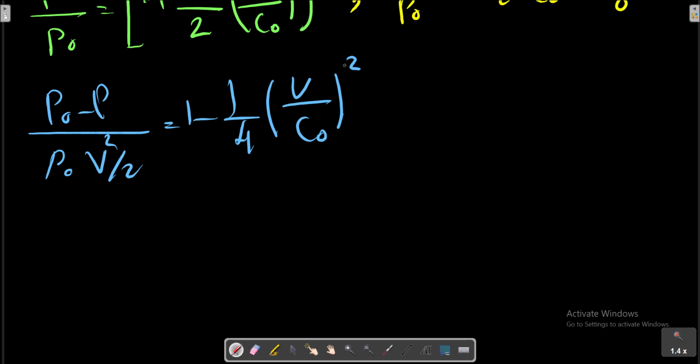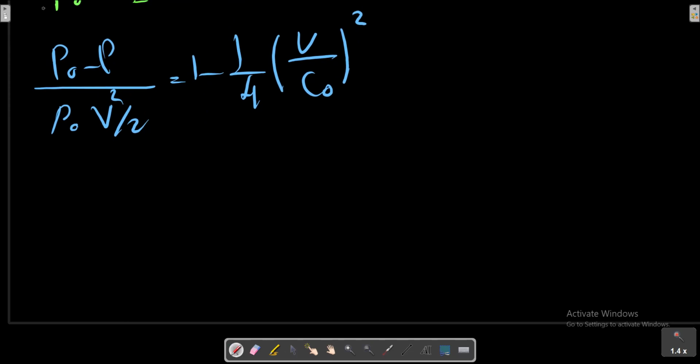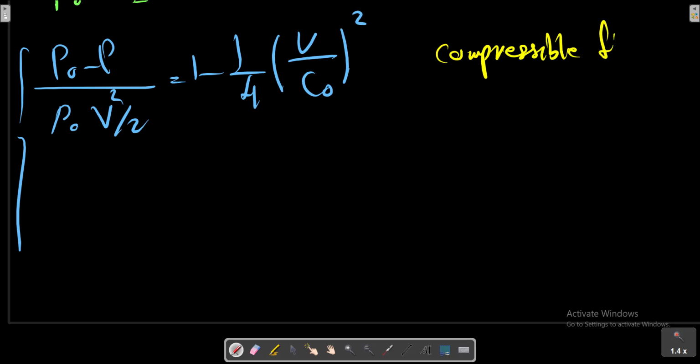for incompressible flow. The corresponding equation for the compressible flow and for the incompressible flow.